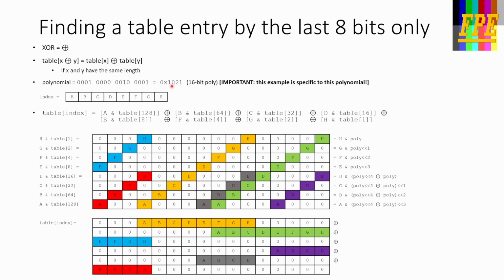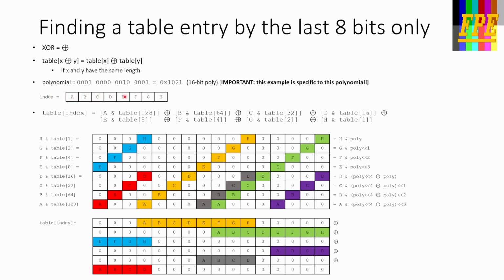In this case, the example is the polynomial 1021, and this example is very specific to this polynomial. You would have to do the same workup for any other polynomial. Right now it looks like a mess down here, for determining whether you even can determine what the left-hand set of bits is given the right-hand set.